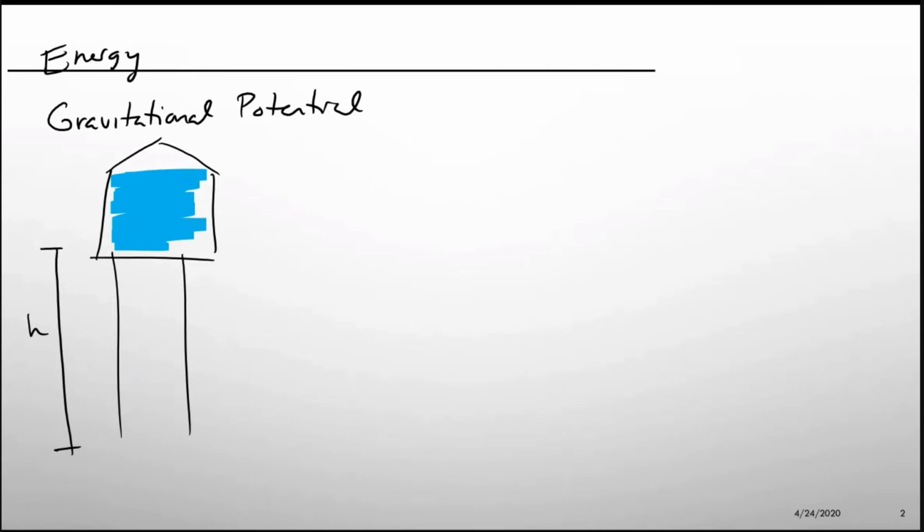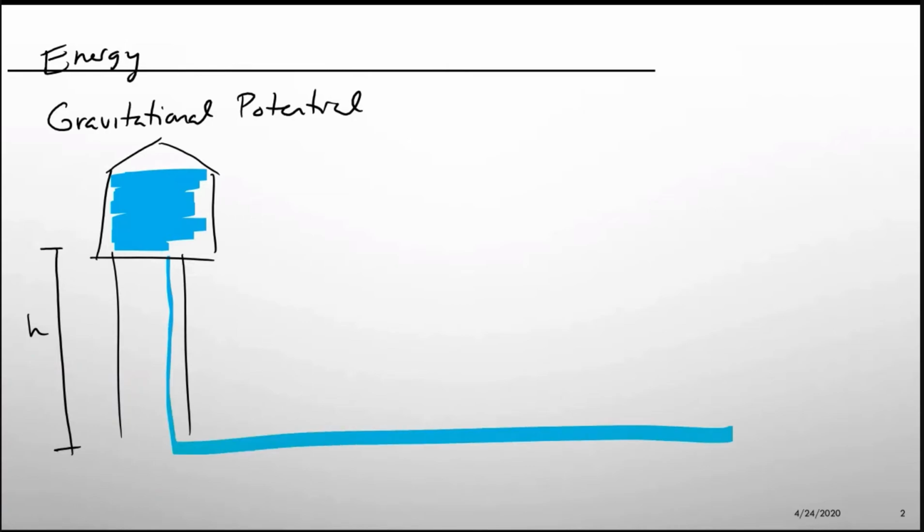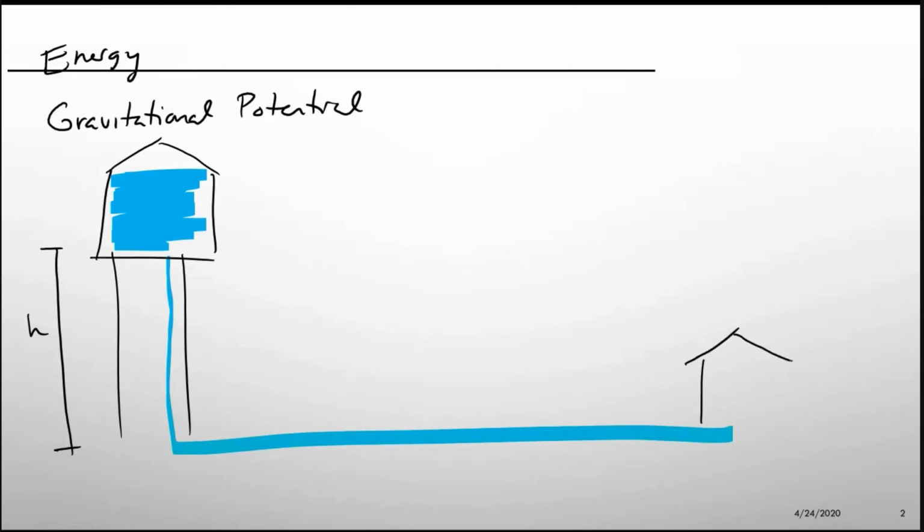So when the water comes down, it can go pretty far and get all the way to your home so that you can make a delicious cup of coffee with that water, because it has gravitational potential energy in the water tower. So the equation for gravitational potential energy is the mass times the force of gravity times the height.